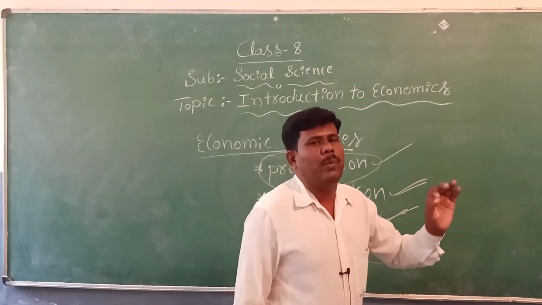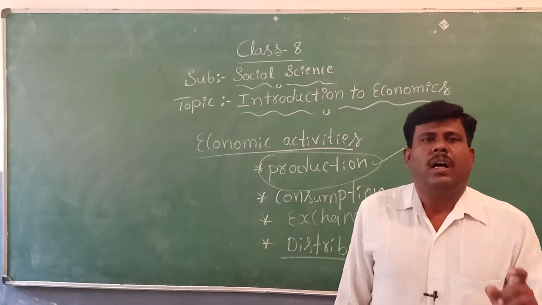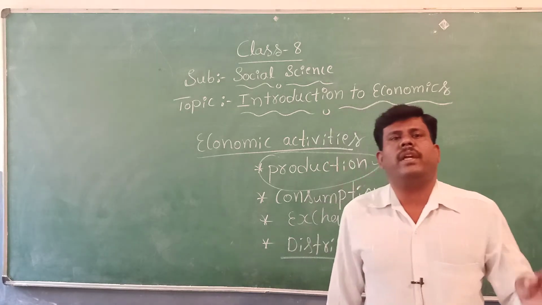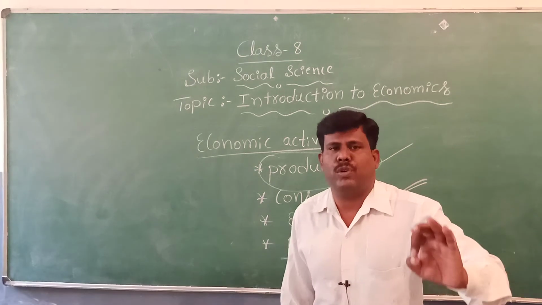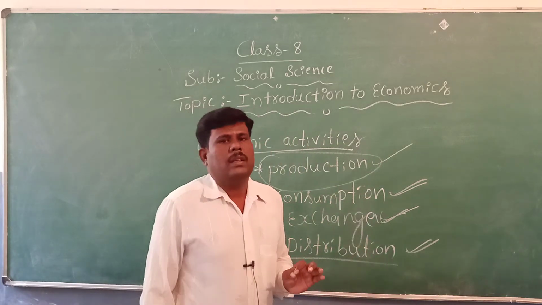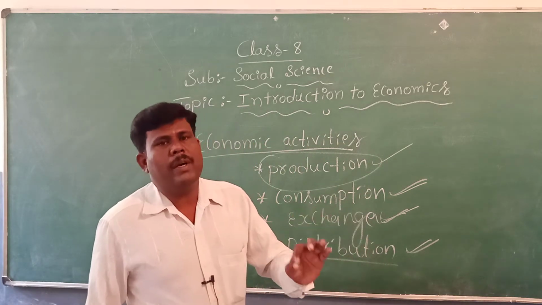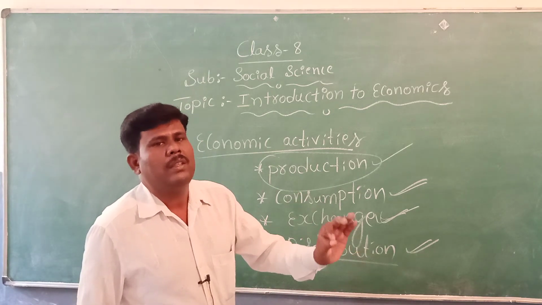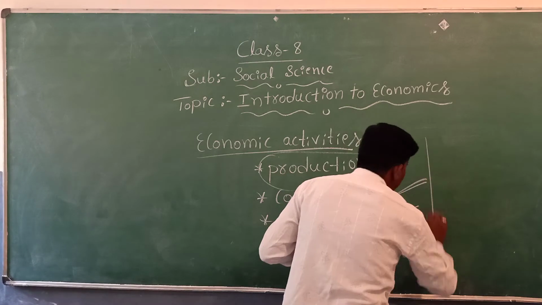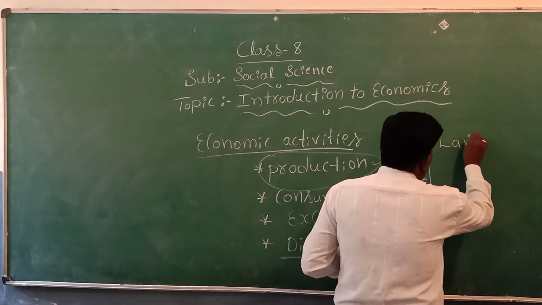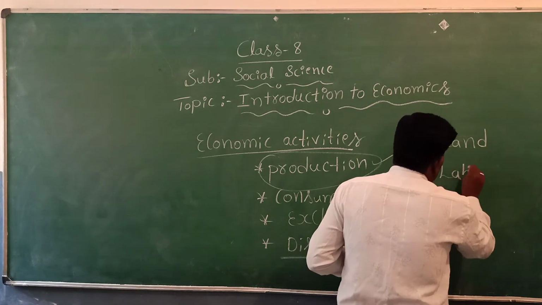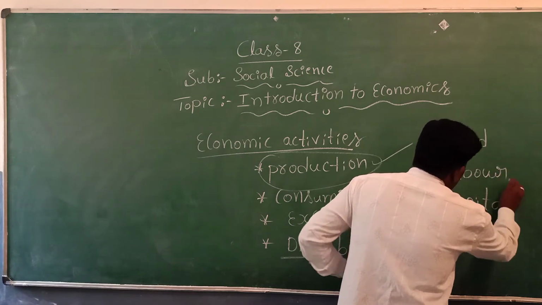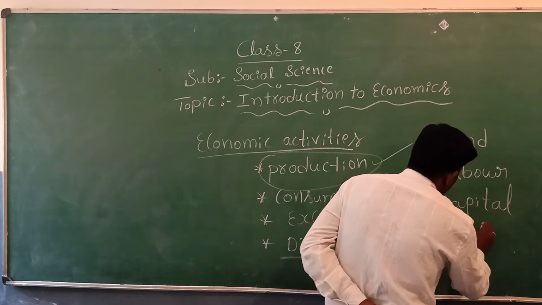When he earns profit, that profit or money is distributed among the factors of production. Which are the factors of production? I have written them here. Look at the board. Land, labor, capital, organization.